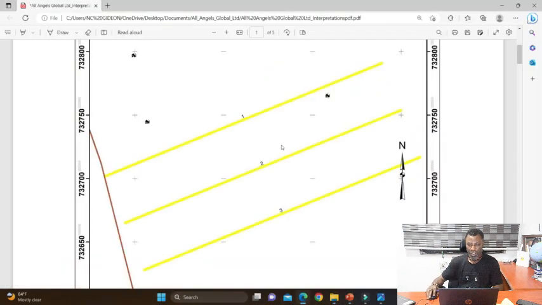Okay, if you look at this now, you will see three profile lines. This was acquired about last December. These two lines were done in such a way that we are targeting something at a particular depth and at a particular location. The interpretation structures are not actually here, but you can see how we spaced this. We can also model this kind of thing in 3D, but here we are interested in 2D.